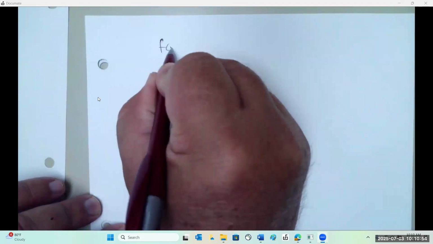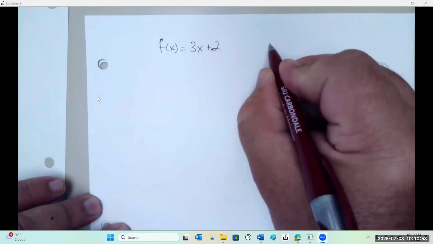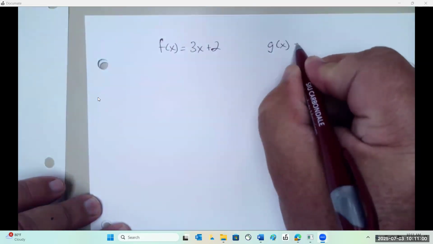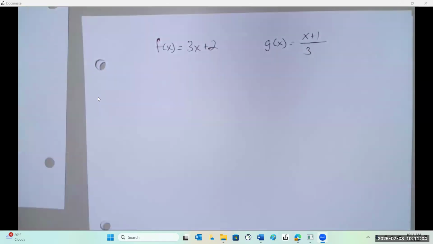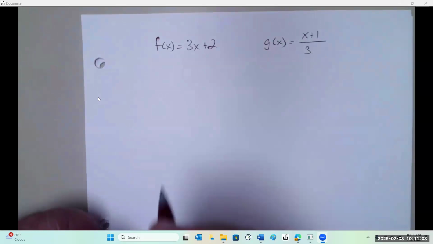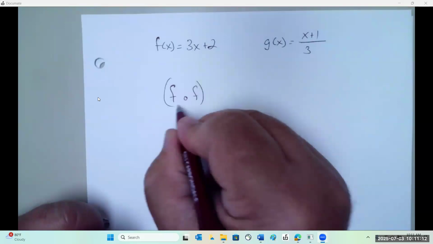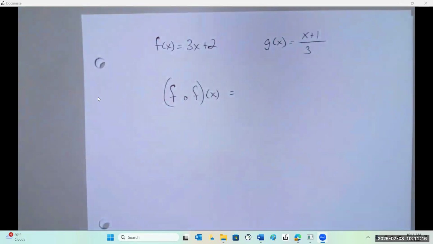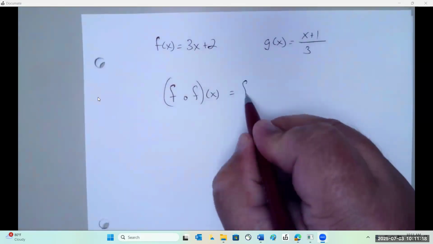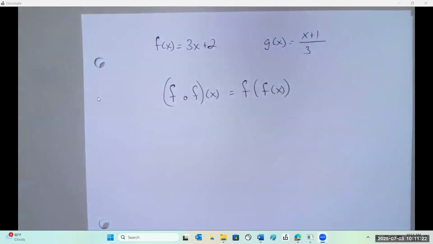So we have f of x is equal to 3x plus 2, and g of x equals x plus 1. We're going to do what's called FOF, f of f of x.